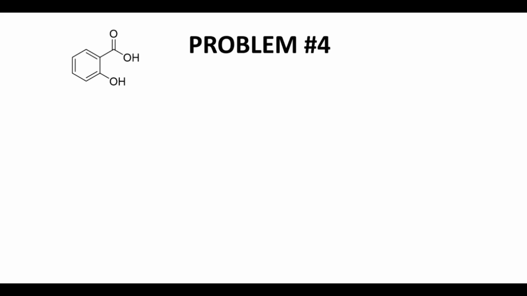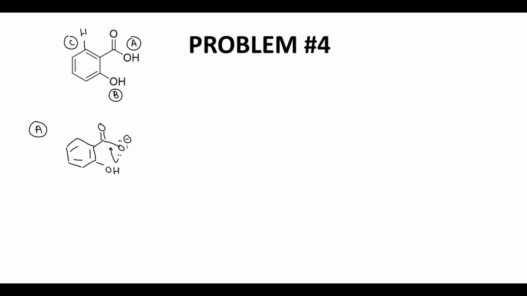Problem 4. Okay, we have 2 OHs. We'll label those A, and then we'll just talk about one of these CHs. They're all bad, but we'll show one just as a representative example. So if we deprotonate the hydrogen on oxygen A, we get this anion.